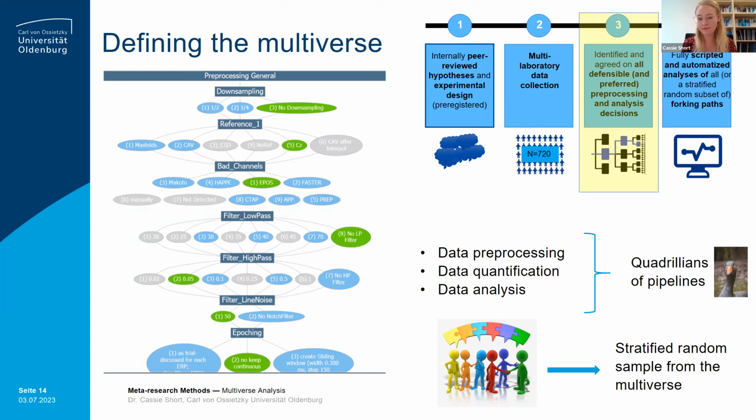We didn't only do this for the EEG components, but we also did this for the behavioral data, the personality data, all within one big multiverse, forking paths, I guess. So it makes sense that we have a lot. So what we decided to do is take a stratified random sample from the multiverse where each specification is definitely included within the multiverse.